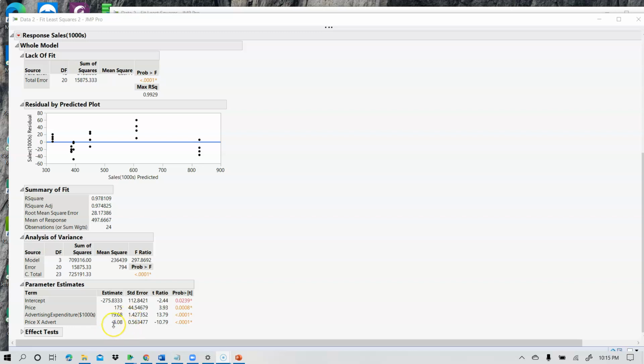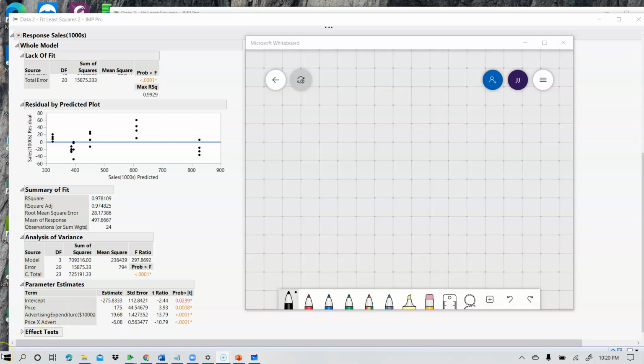Let's see first by examining the equation and then trying to distill the effect of each of these variables on sales. So the equation that we have just estimated is essentially that sales are a function of our intercept plus B1 price plus B2 advertisement plus B3 price times advertisement.